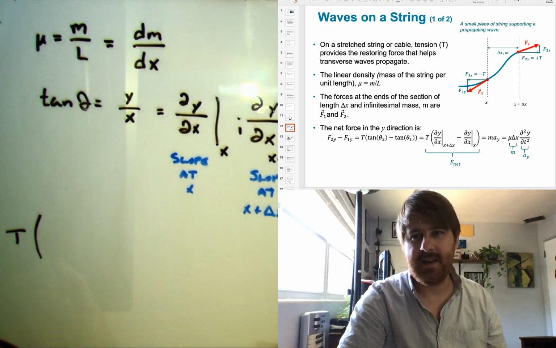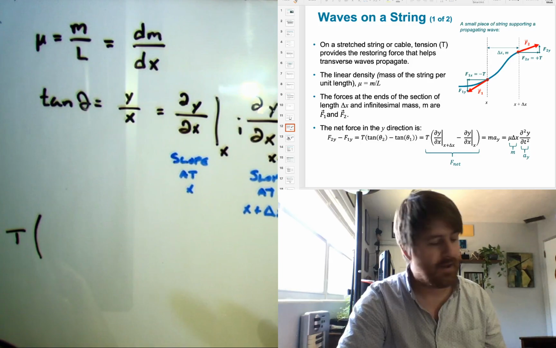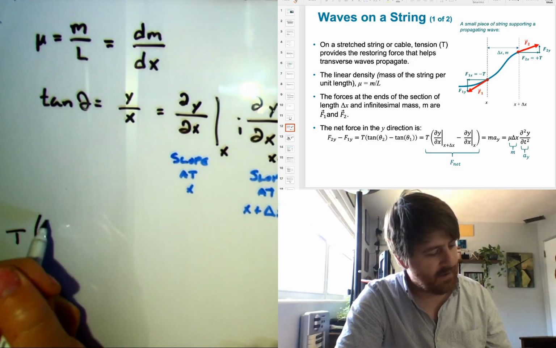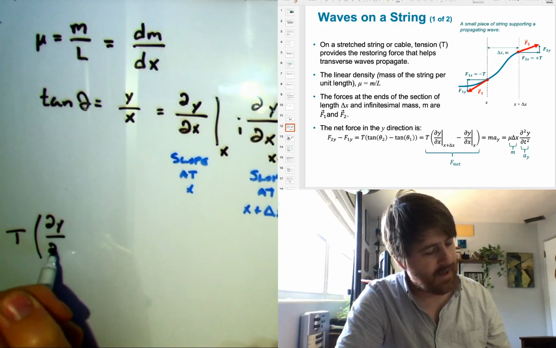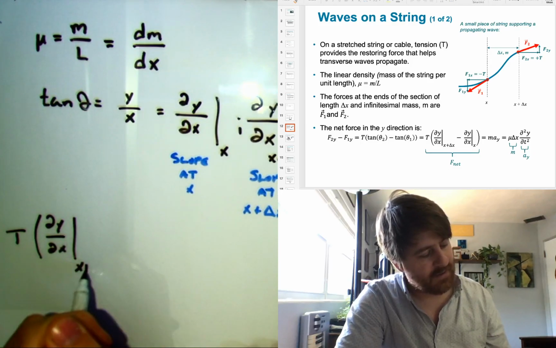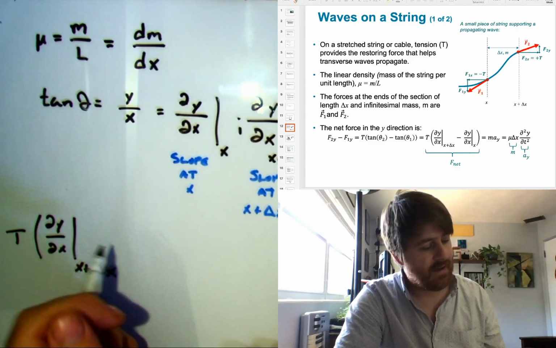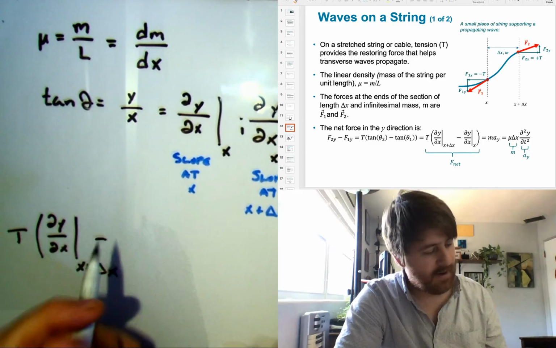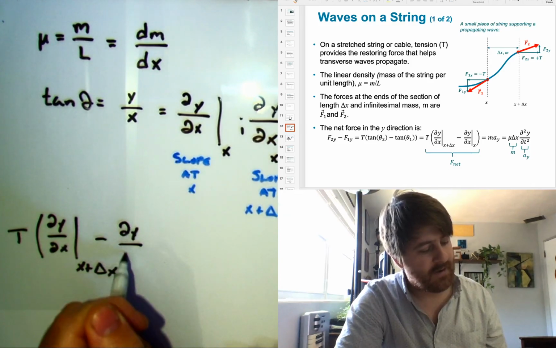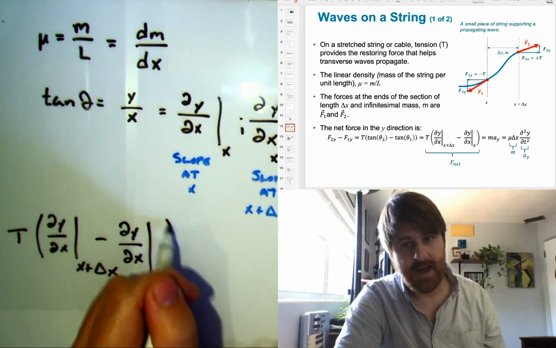And the string is kind of in an upward direction at that point. So we have a slope dy dx at x plus delta x. Then we need to subtract off the force at the beginning of that section of string, F1y, which is T again, times the slope there, which is dy dx at x.